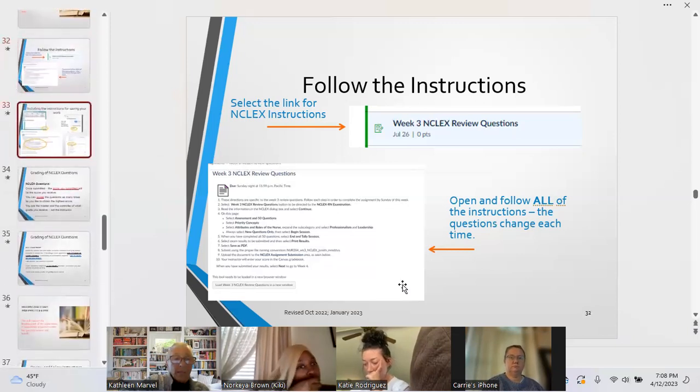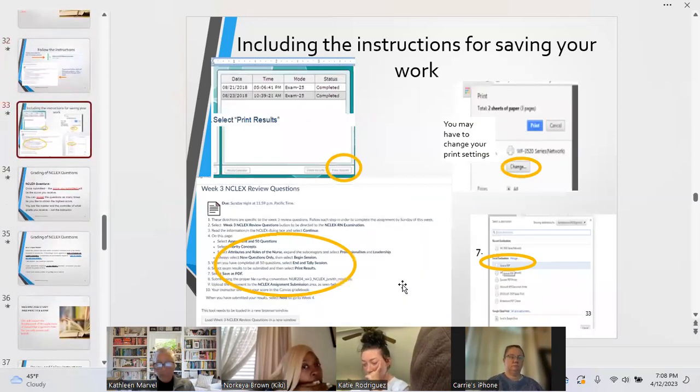There have to be 2 things submitted for attendance every week. One is always going to be the attendance at the live lecture, but the second one is an assignment. There are some weeks that there's only one assignment. Like there's 1 week where I think you only have live lecture and the NCLEX.